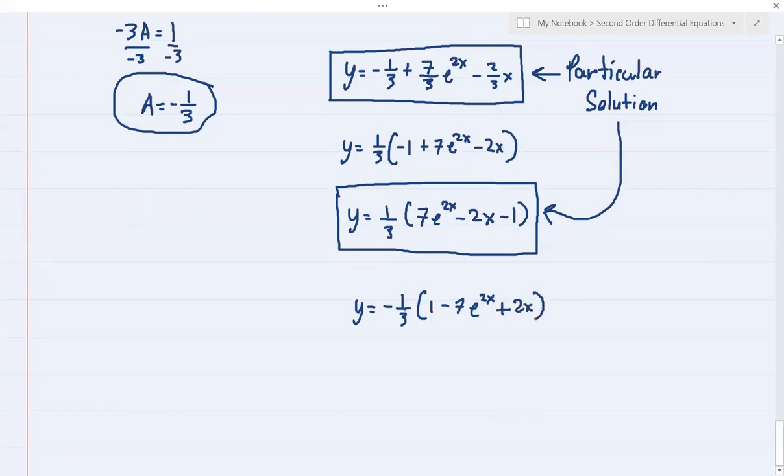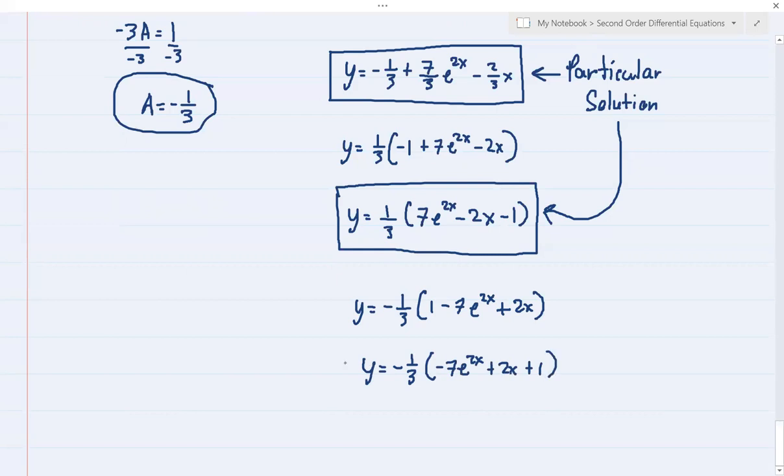If you arrange them, we will have y is equal to -1/3 times the quantity -7e raised to 2x plus 2x plus 1.